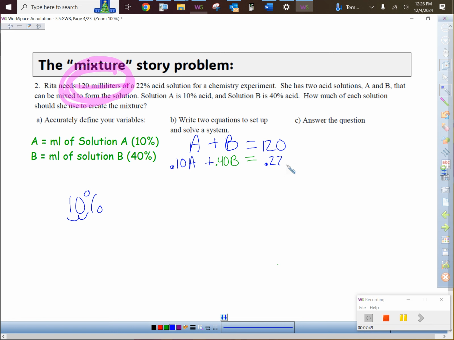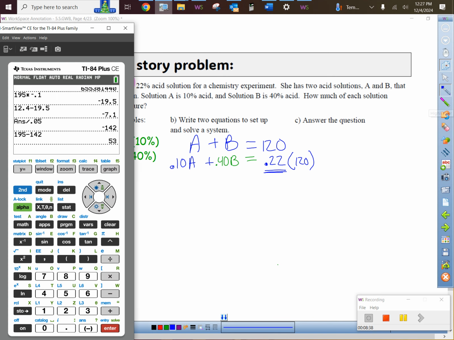Say 120. There's 120 milliliters in the cup. So what you have to do on every mixture problem is this second equation. You have to take your mixture percent times the total amount in the cup. There's 120 milliliters, and that's weird. We would have never thought about that. So let's figure that out ahead of time real quick. What's 0.22 times 120? Yeah, it's going to be a decimal.